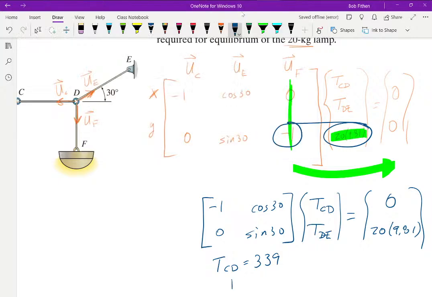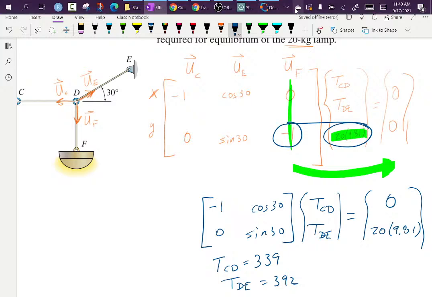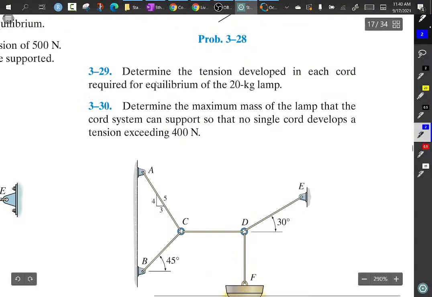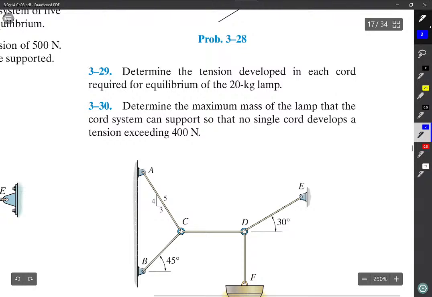And 392. If you want to take a stop, we can look. Okay, this is 339.